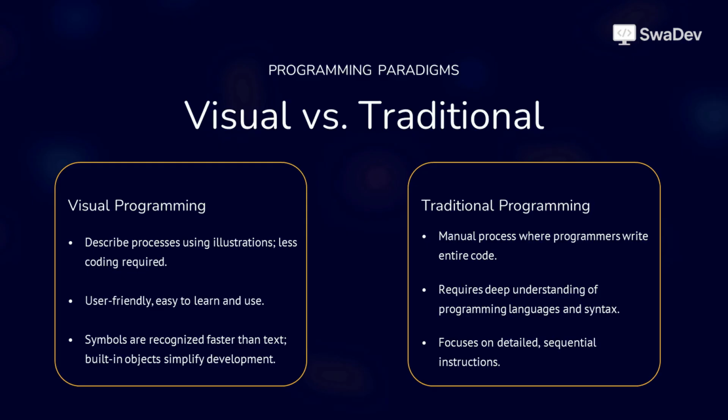So visual programming is like building a program by dragging, dropping, and connecting colorful blocks. Traditional programming is like writing a recipe in detail, step by step, in code. Both paths lead to working programs, but one is more visual and the other is precise writing.